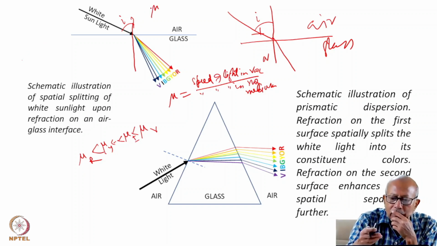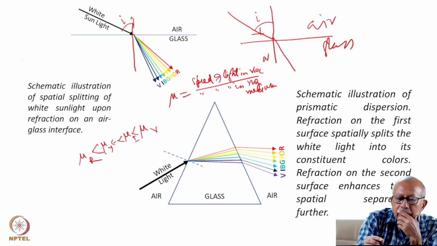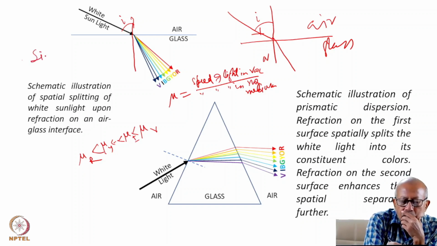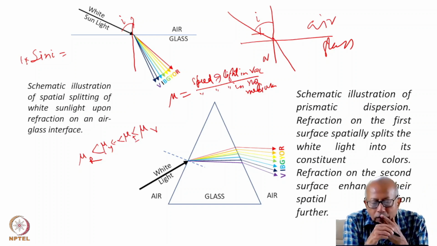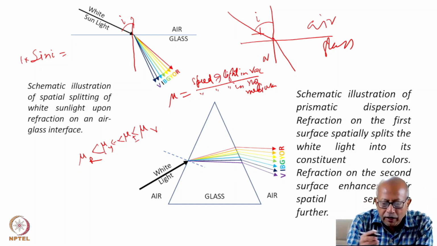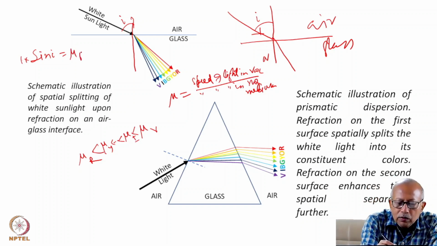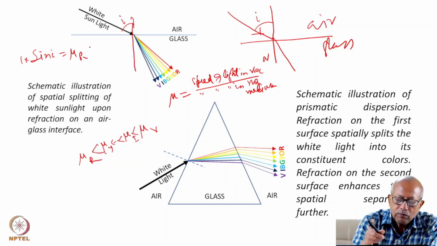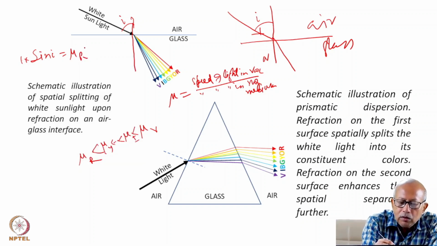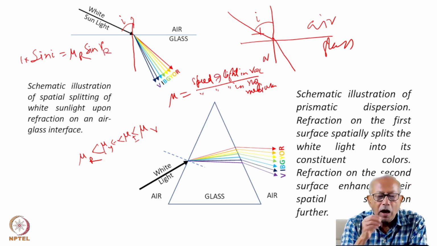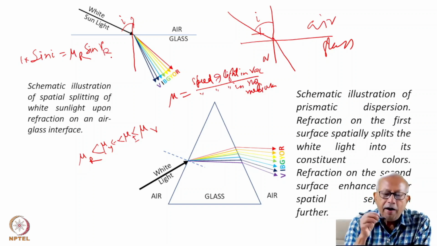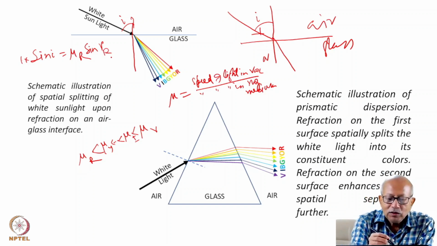From Snell's law, for red light, 1 into sin i will be equal to mu r into sin r, where we call the angle of refraction r.